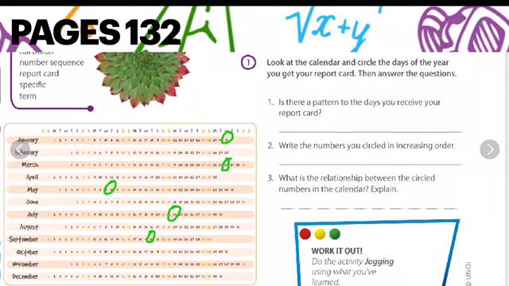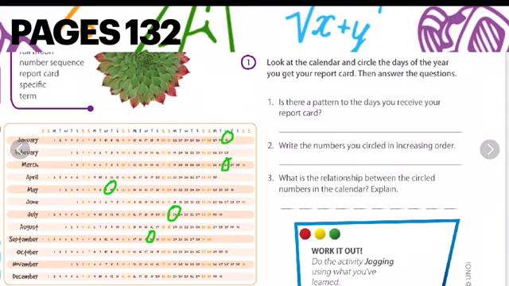It depends on the days that you circle, and if you don't know the days of the year that you get your report card, then invent it. Don't worry about it, invent it like I did a moment ago. We just want to use this calendar to answer these following questions.